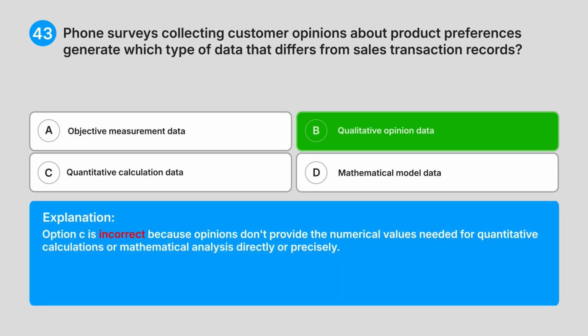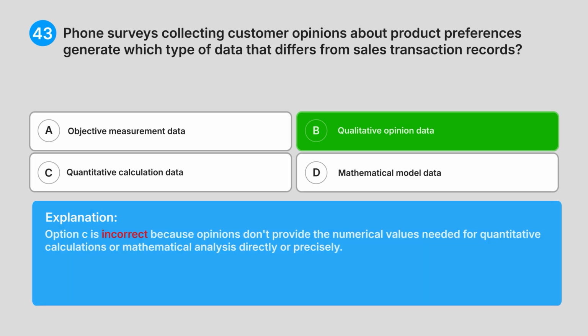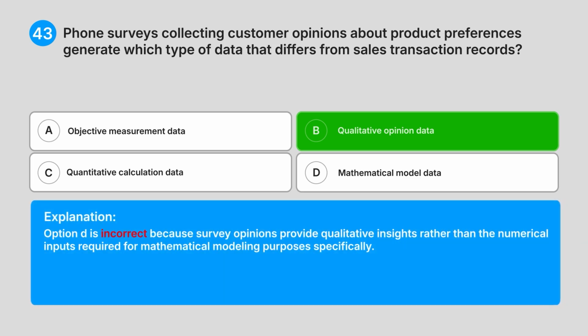Option C is incorrect because opinions don't provide the numerical values needed for quantitative calculations or mathematical analysis directly or precisely. Option D is incorrect because survey opinions provide qualitative insights rather than the numerical inputs required for mathematical modelling purposes specifically.